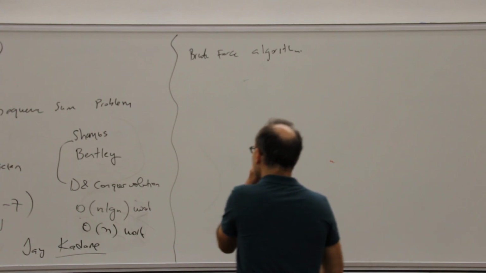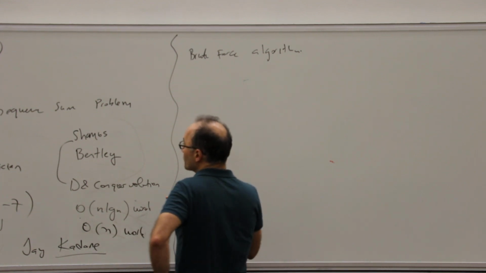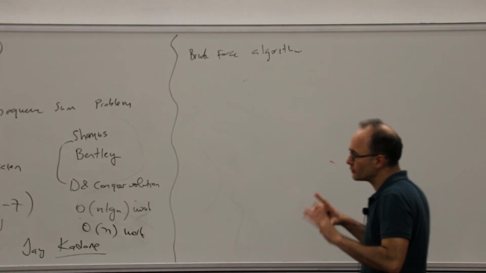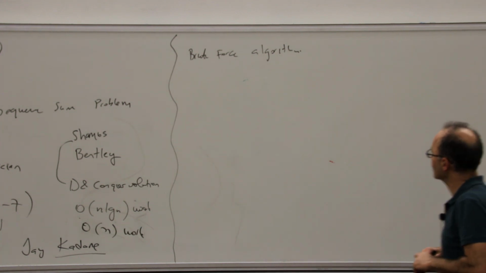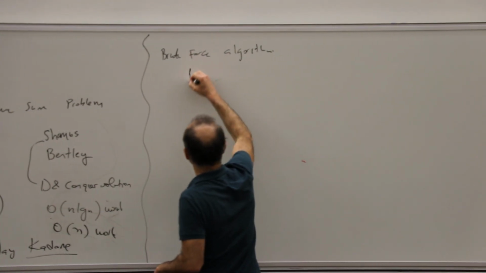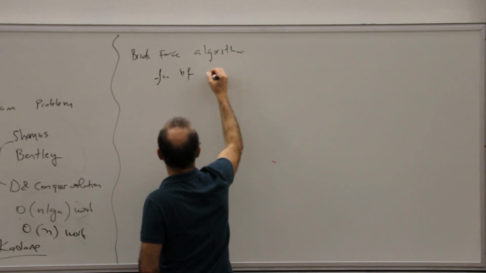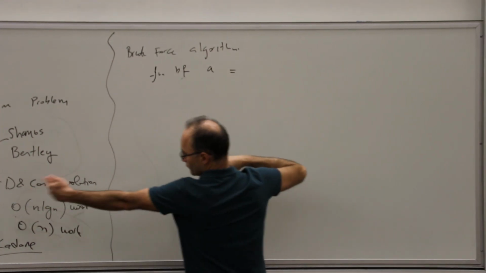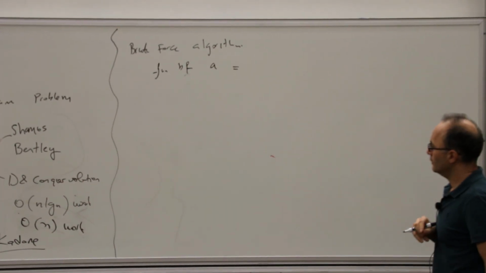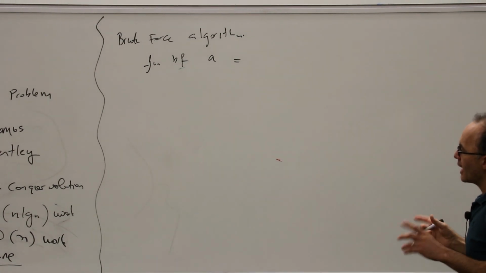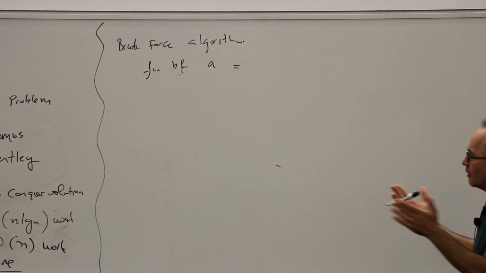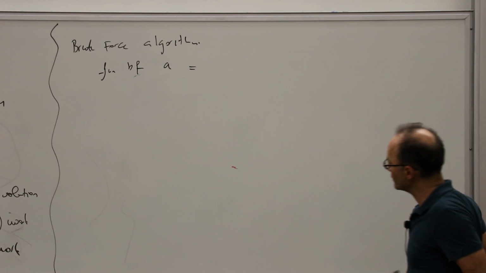Okay, so in writing these algorithms, I'm going to introduce just a little bit of syntax. Let's write a brute force solution. Suppose I'm given the sequence A of numbers. What I want to do is create a sequence of all subsequences.